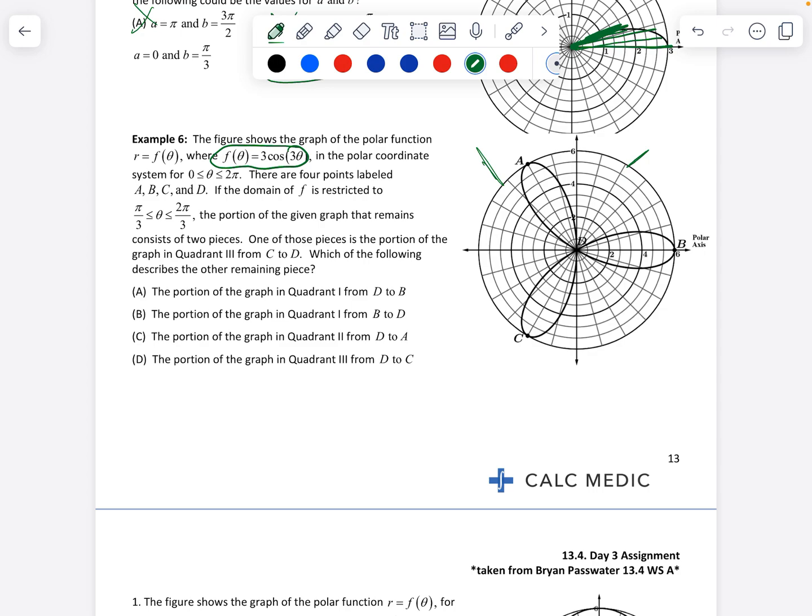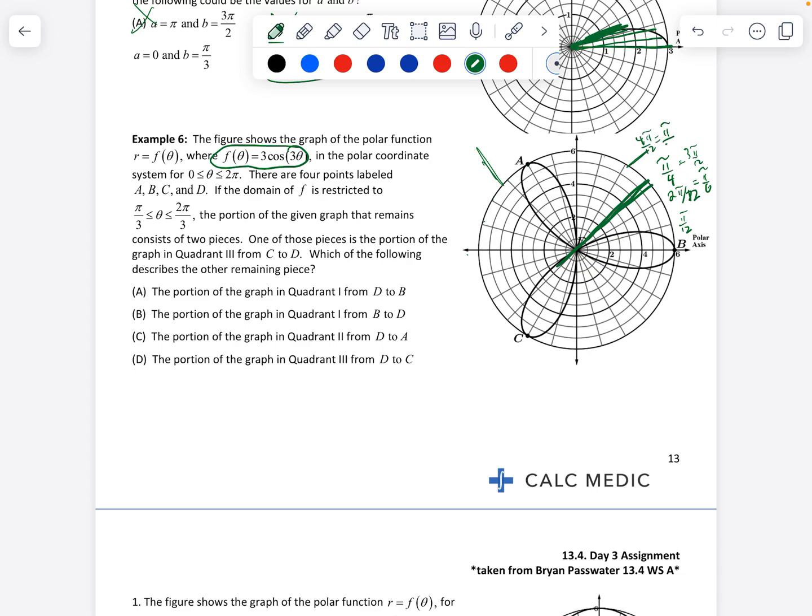All right. So pi over 3. Well, first of all, I know that this is pi over 4. So let's see if we can figure out exactly where pi over 3 is. So 1, 2, 3, 4, 5, 6, 7, 8, 9, 10, 11, 12. So this is pi over 12, 2 pi over 12. So that's pi over 6, 3 pi over 12, 4 pi over 12.